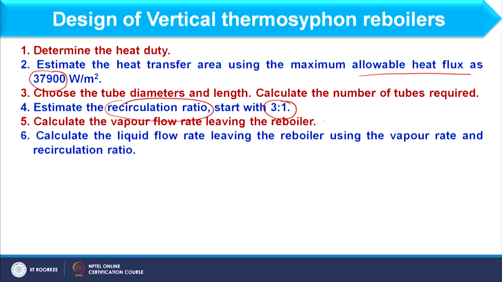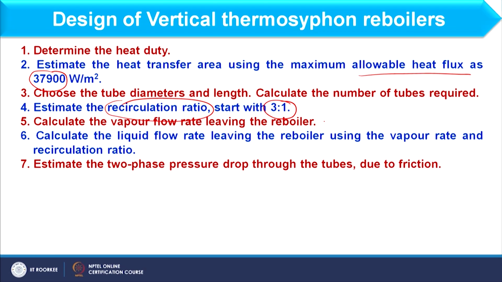Considering this, you can find out the liquid flow rate leaving the reboiler, and the liquid flow rate plus the vapor flow rate will give the total feed to the reboiler. In that way you can find out the vapor rate, liquid flow rate as well as the feed rate to the reboiler.